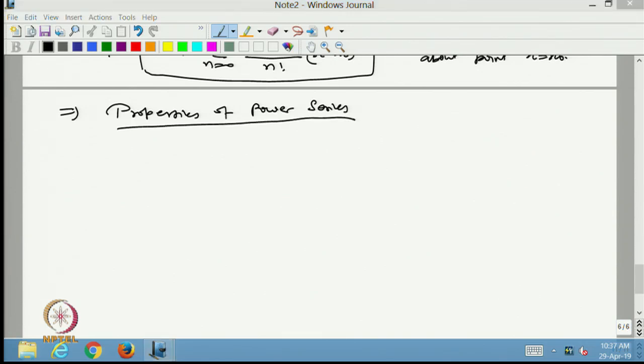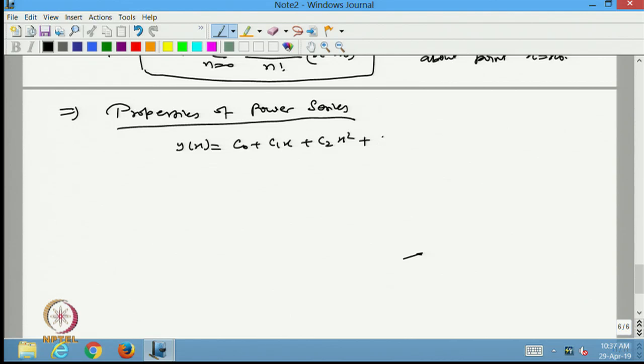The first thing is that I know that the function y(x) has the power series, that is C0 plus C1 x plus C2 x square, and C0 plus C1 (x minus x naught) plus C2 (x minus x naught) square, and so on.